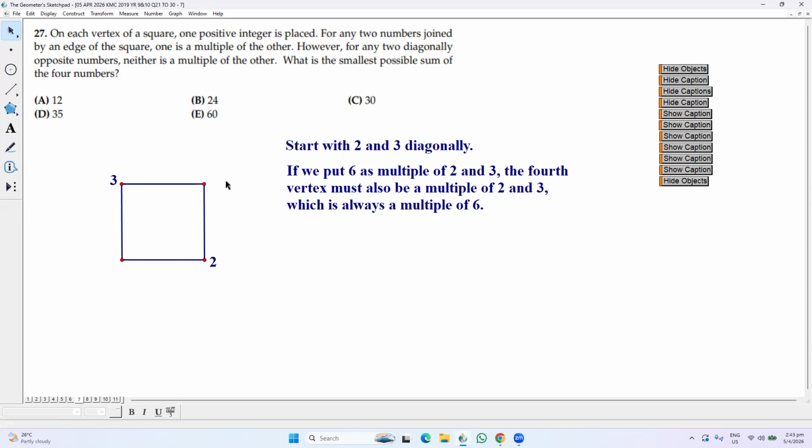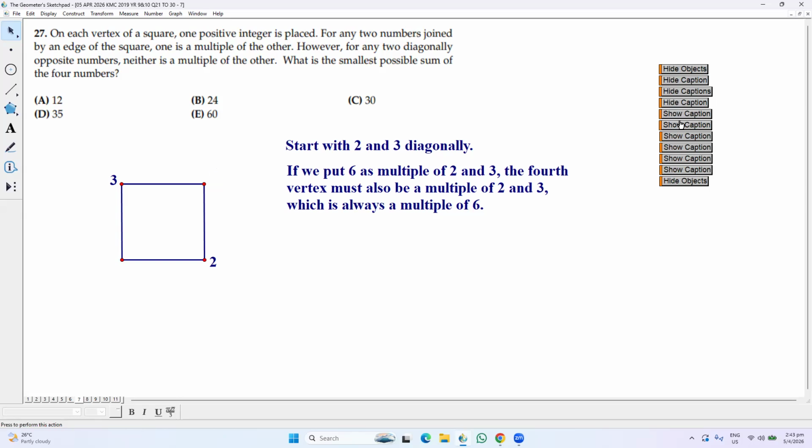So 6 cannot, if I put 6 here, then here we must put a multiple of 2 and 3. A multiple of 2 and 3 is a multiple of 6, but diagonally must not be multiples of each other. So 6 cannot.